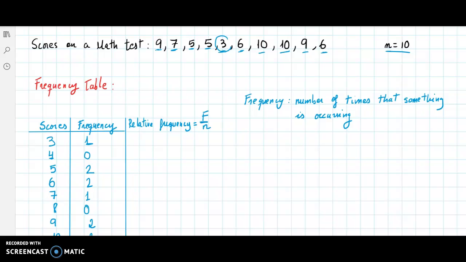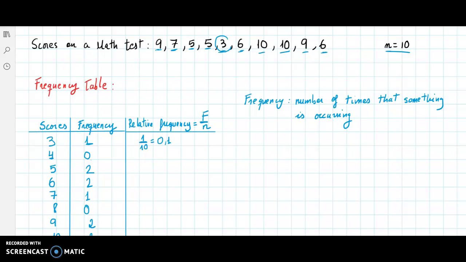So let's see how to make the relative frequency column. The first frequency is 1 over the number of students that I have asked, so 1 over 10. This is 0.1.